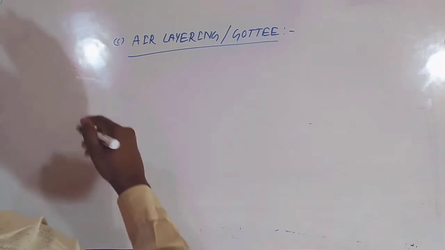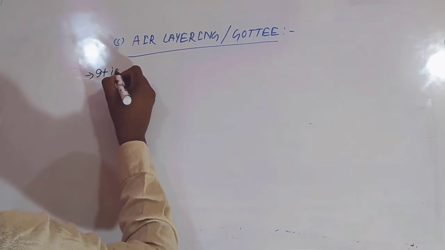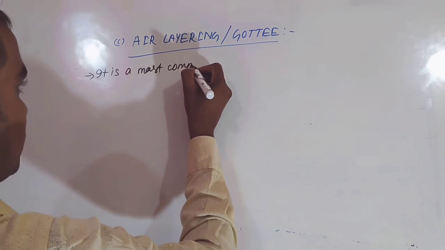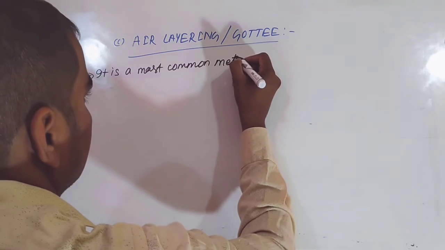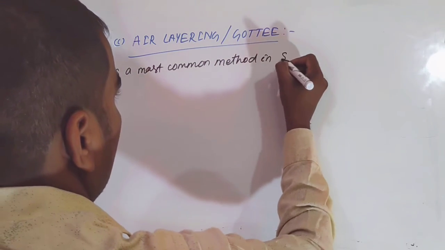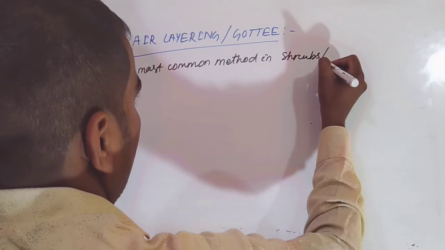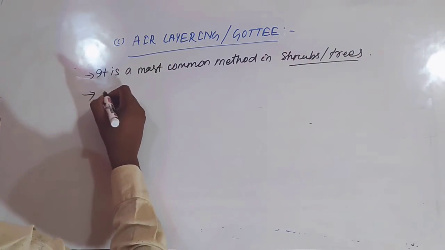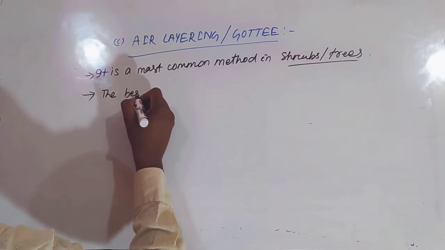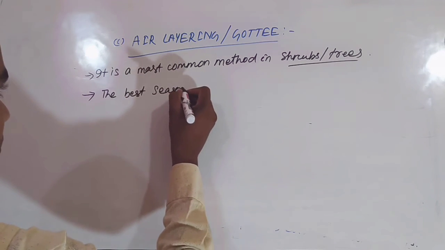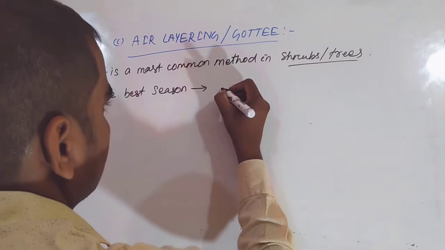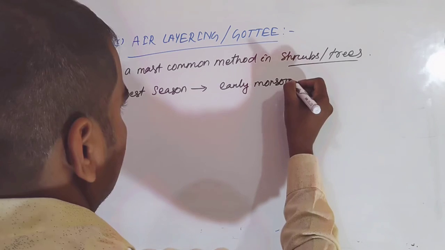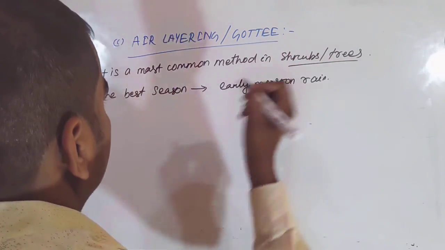First, it is the most common method in shrubs and trees, and the best or favorable season for air layering is the early monsoon rain.